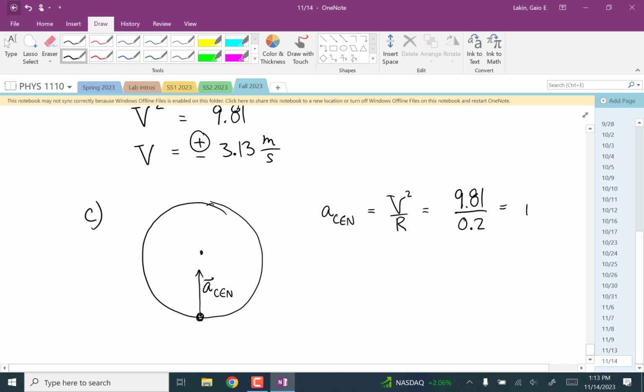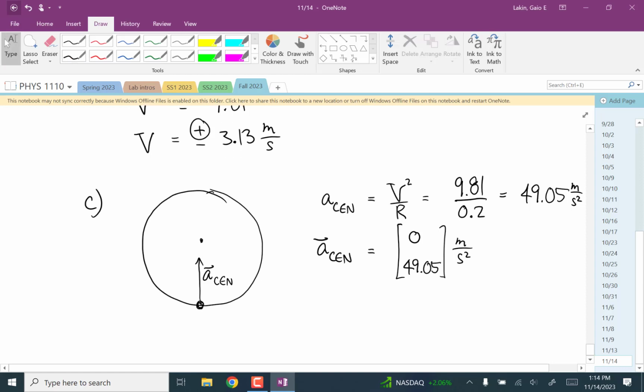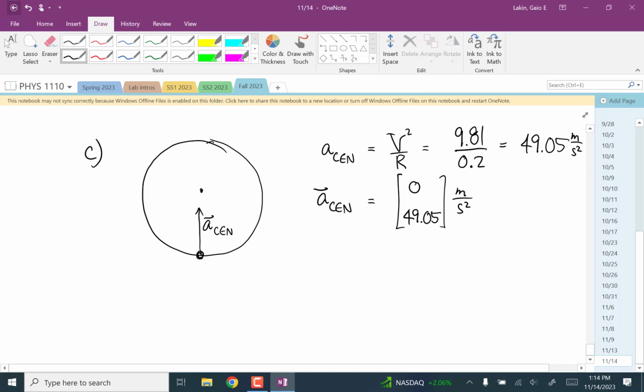And so that's an acceleration of 49.05 meters per second squared. As a vector, that's in the positive y direction, so the centripetal acceleration vector is (0, 49.05). Again, at the top and bottom, there's no tangential acceleration because it's not changing speeds. So this is the total acceleration.